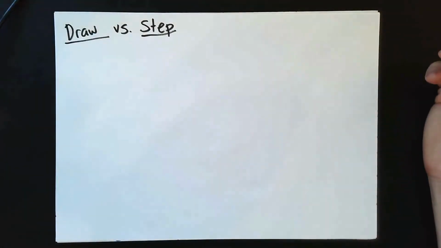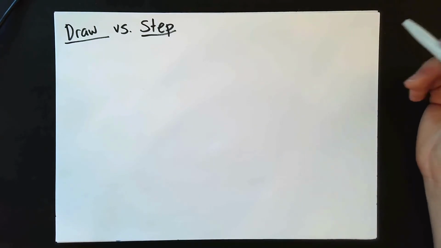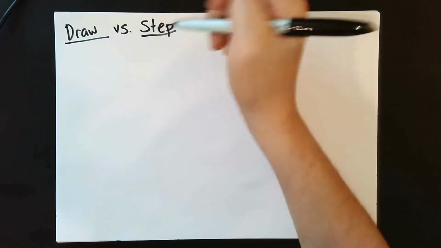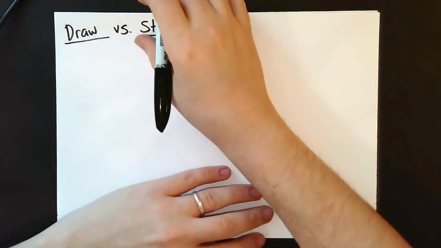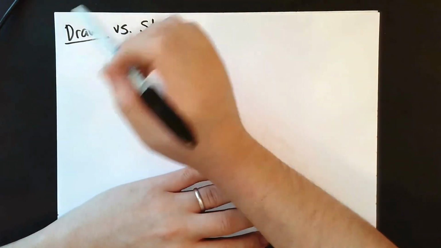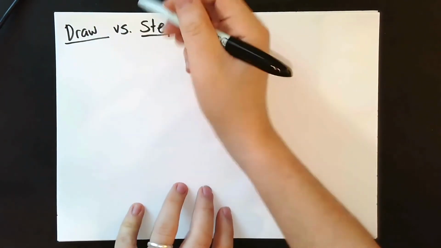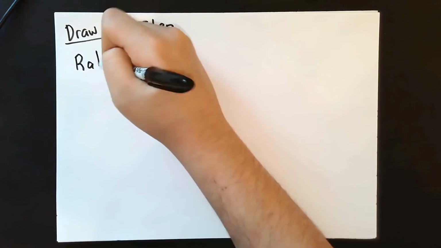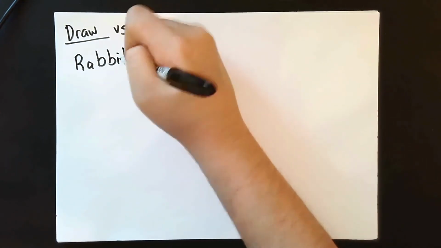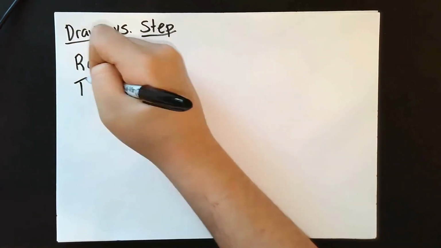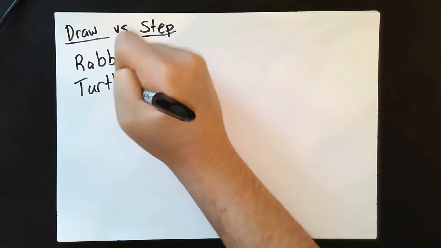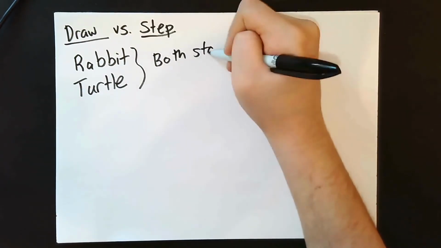So here's the key to how we're going to find the collision on this path. I'm going to have two characters involved. I'm going to have a rabbit, and I am going to have a turtle. And both of these are going to start at x0.